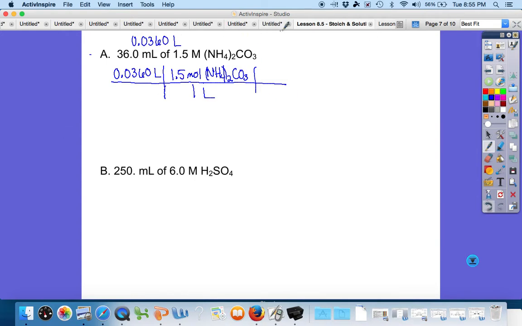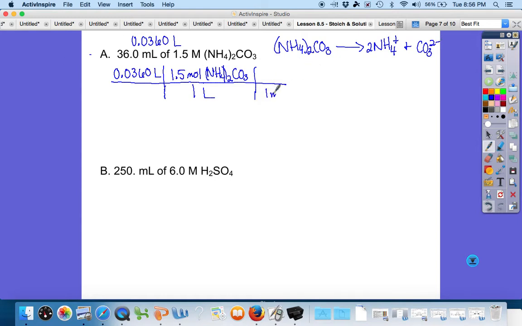I skipped over writing out the dissociation equation, so I'm going to go back and do that because I don't know what my mole to mole ratio is without taking a look at that. So my bad. So we have ammonium carbonate, and it's going to split into 2 ammonium ions and 1 of our carbonate ions.